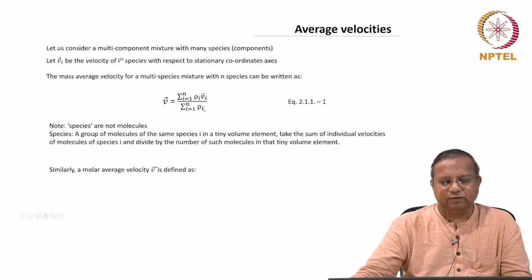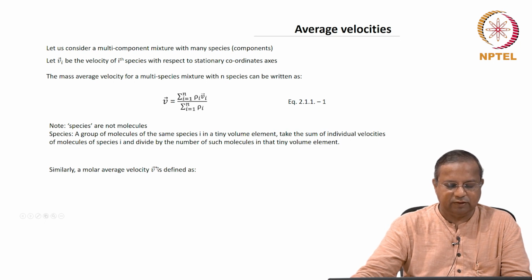Similarly, the molar average, this is the mass average. Here we multiplied it by the mass density, therefore, we got the mass average. Here the molar average, which we are going to represent by V vector star, can be defined as V star equals, the weighting factor here is concentration, C_i times V_i, take the sum over all species divided by the sum over all species of C_i.